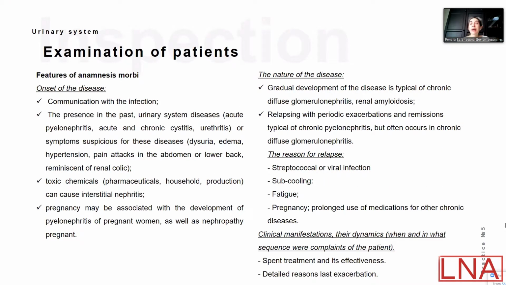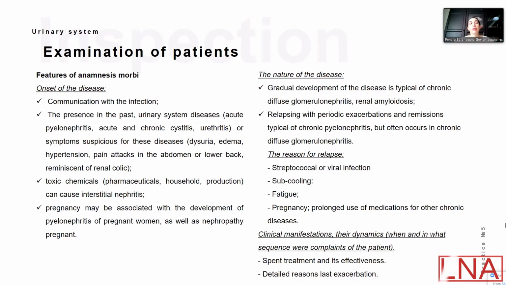We continue about examination of the patient with kidney disorders, and we need to pay attention to some features which we can find during collection of anamnesis data. We need to ask about the onset of the disease.